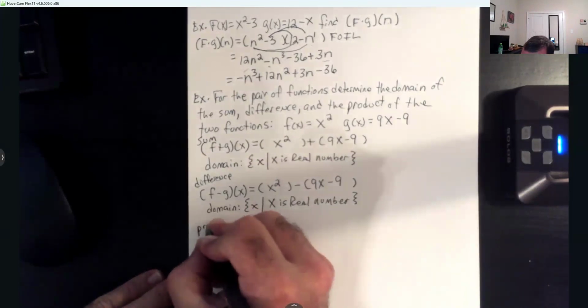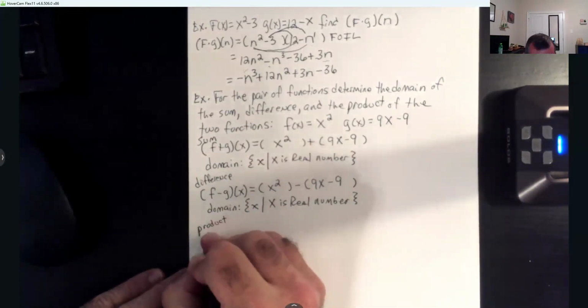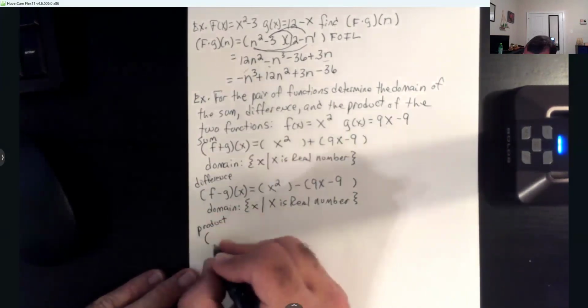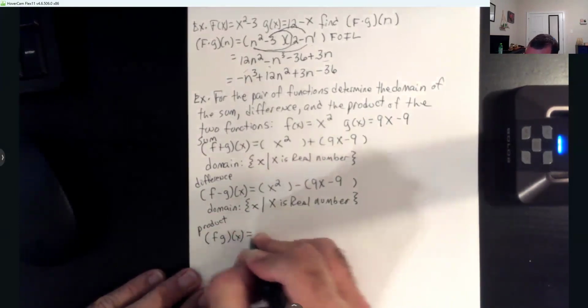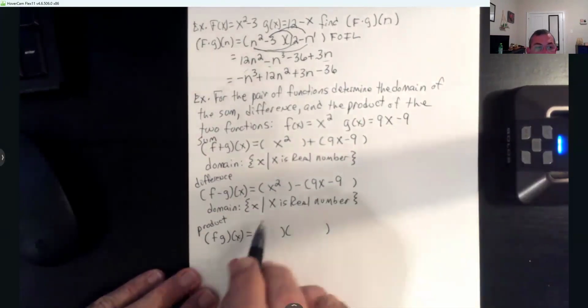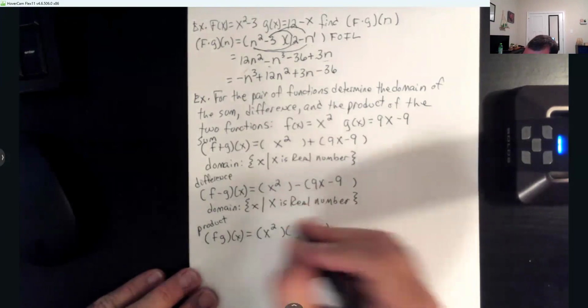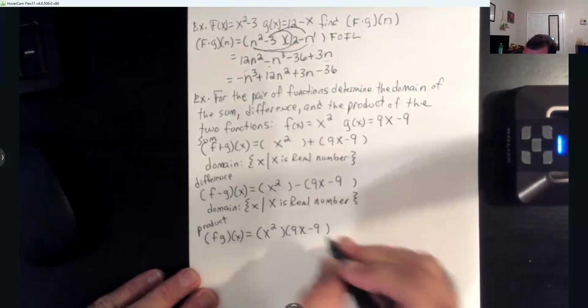So let's see what this product's going to do. The product would be f times g of x, which will equal my f times my g. So y'all, that's going to be an x squared for f, 9x minus 9 for my g.